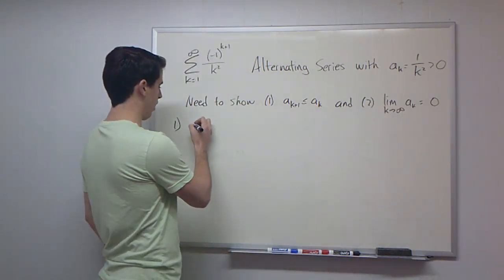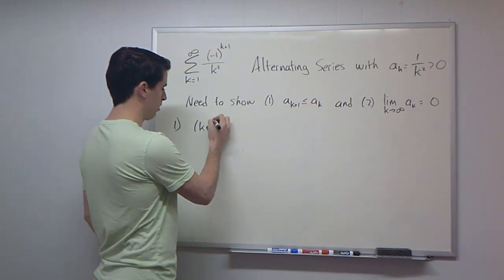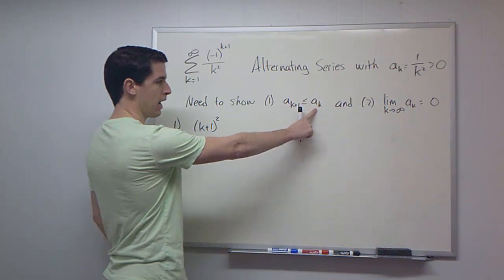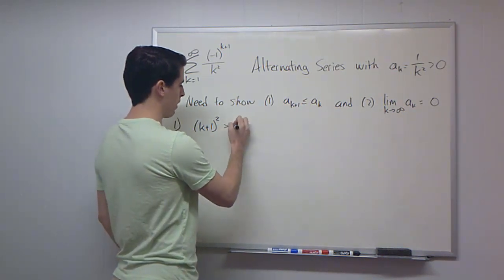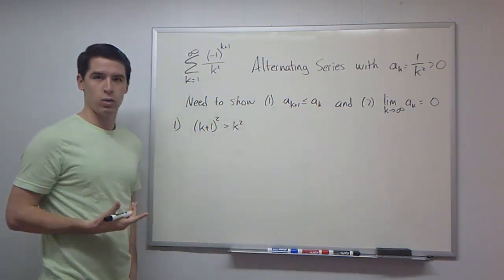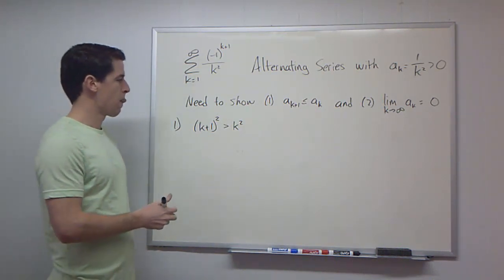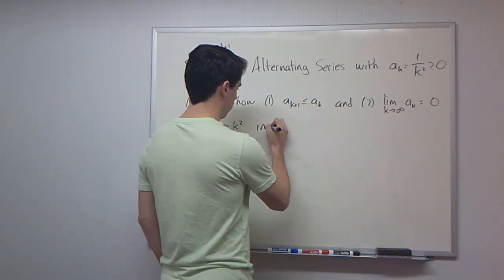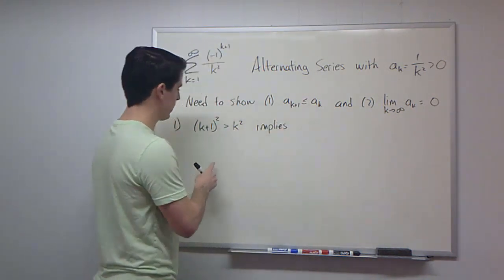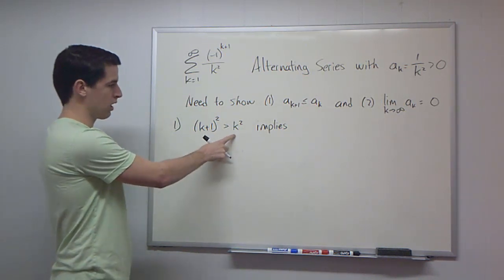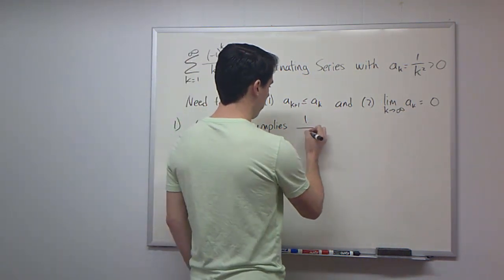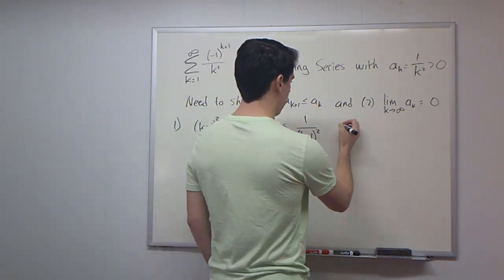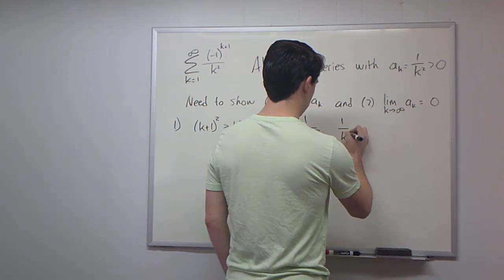So I can note something about k plus 1 squared in relation to k squared. I know that's always going to be greater than k squared. But this implies, when I take the reciprocal on both sides, that I now look at 1 over k plus 1 squared, and I look at 1 over k squared.